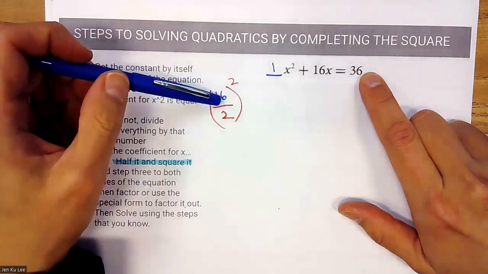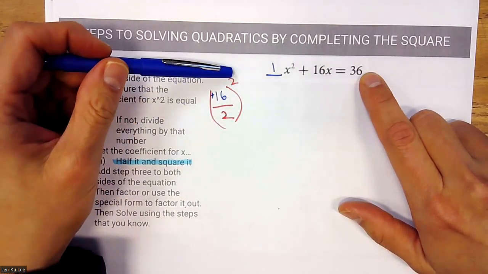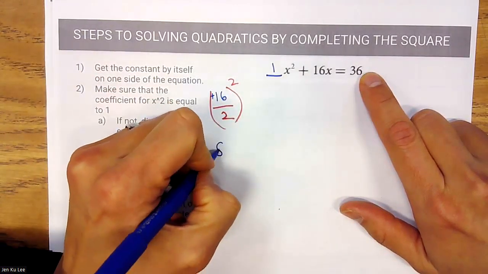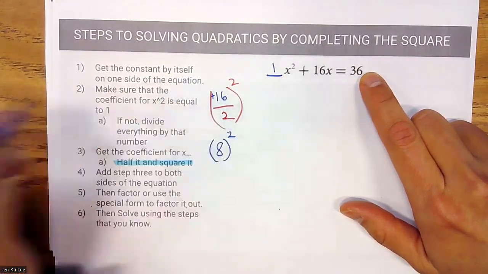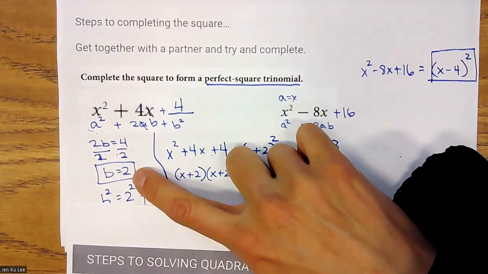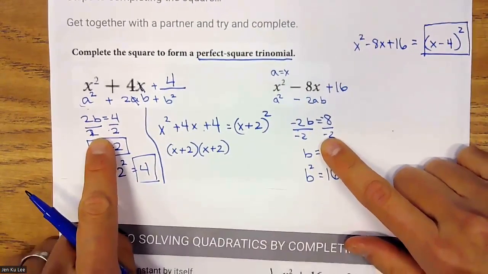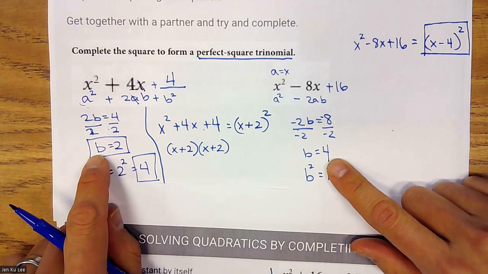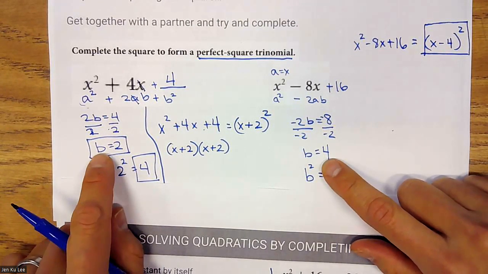Okay. And then we're going to half it and we're going to square it. Whenever you half that coefficient, that's 8 in this case, squared. What did we get here by halving it? By halving it, for both instances, we got b, correct? b equals 4 here, b equals 2 here.